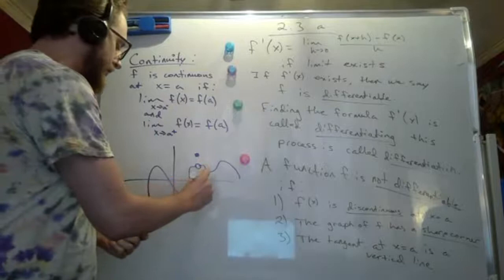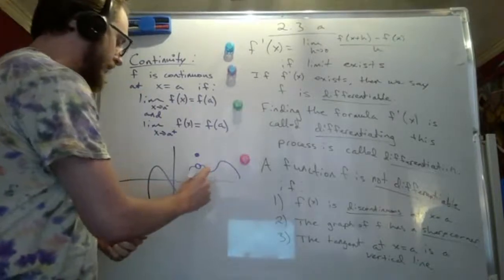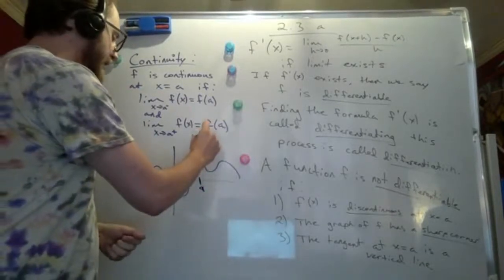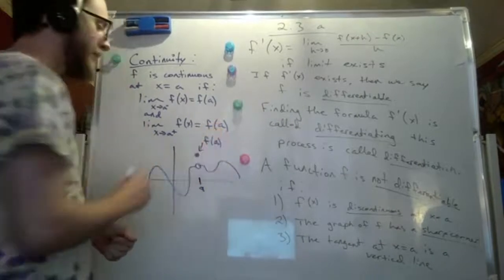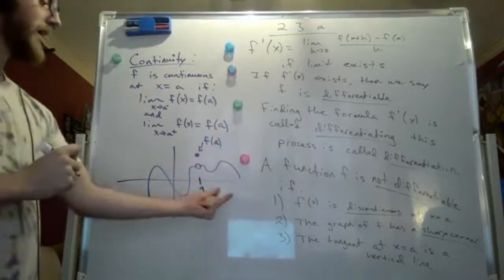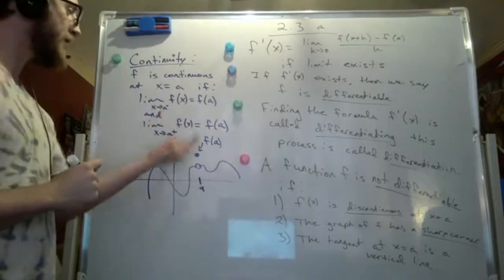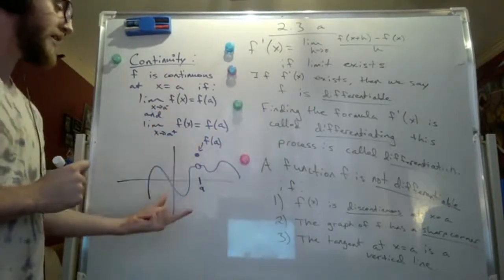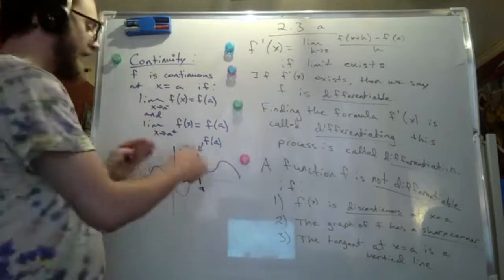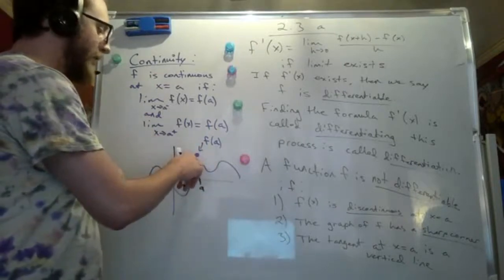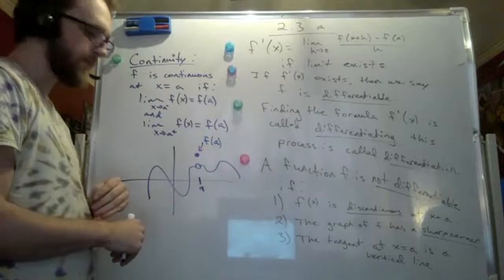At this point for a, whatever that is, f of a is this dot up here. The left hand and the right hand limits do not equal that dot. They don't approach it. This definition includes this kind of case and says that they have to meet at whatever the point is for f of a.